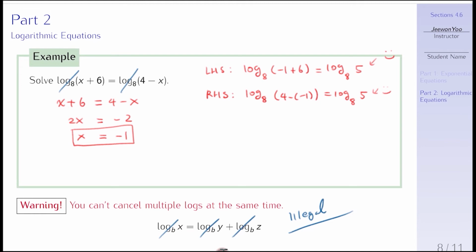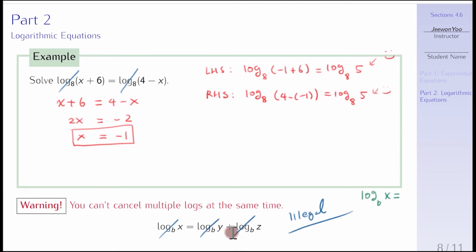Please remember. The idea is that you must have only one logarithmic expression on the left, and only one log expression on the right. Then you can cancel these one at a time. Then it's allowed. But you cannot cancel this at the same time. Instead, you have to do it this way.